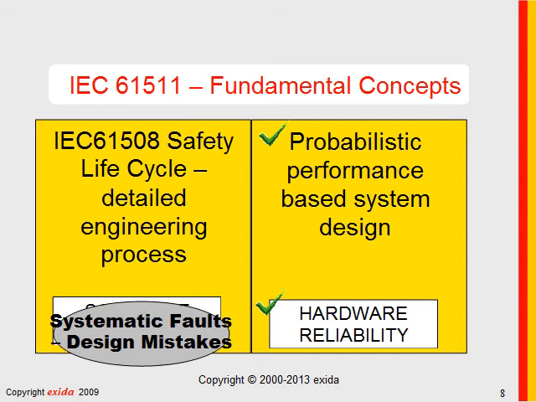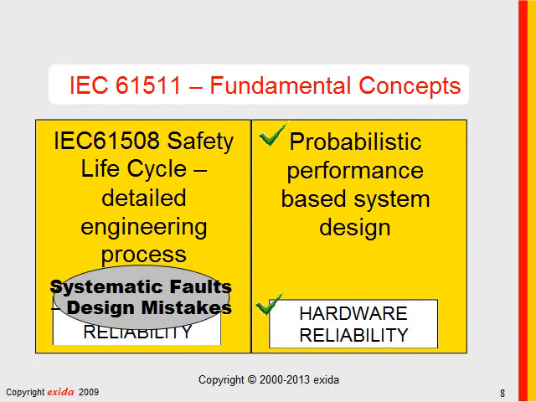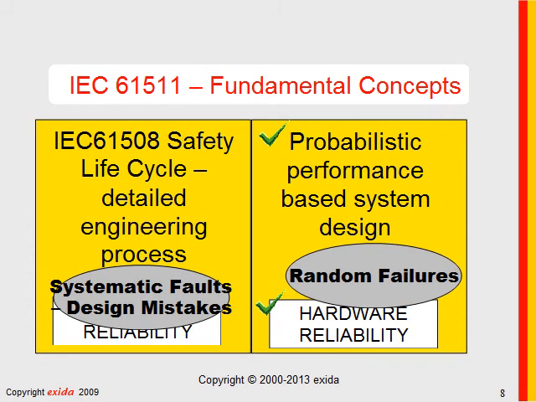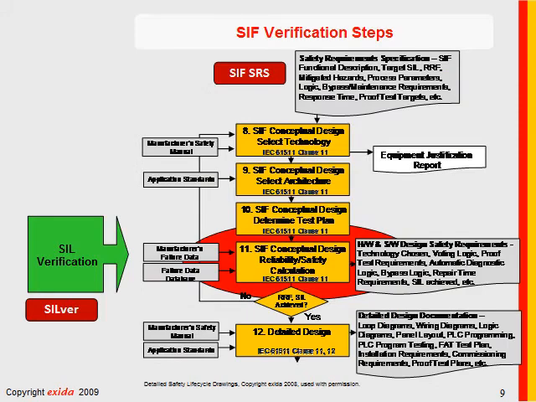But the fact is, we want protection against systematic failures or systematic faults, primarily design mistakes, because such things can cause dangerous failures. We also want protection against random hardware failures. And in the world of 61511 and in the world of 61508, both of these are meant to be protected against if you follow all the requirements of these standards.